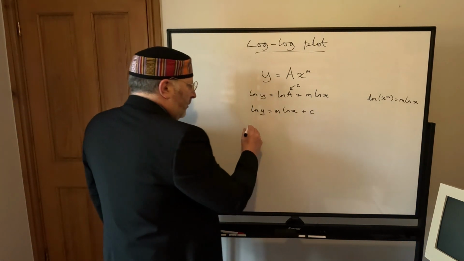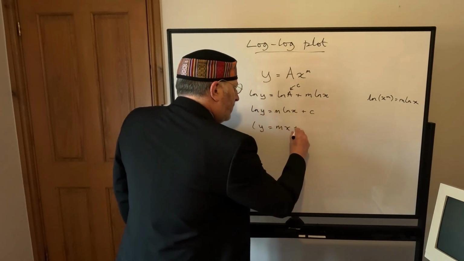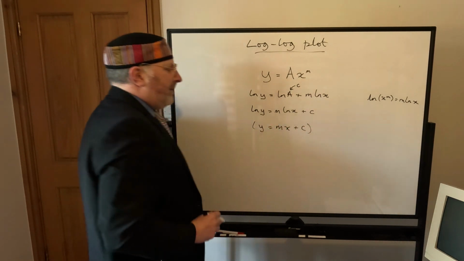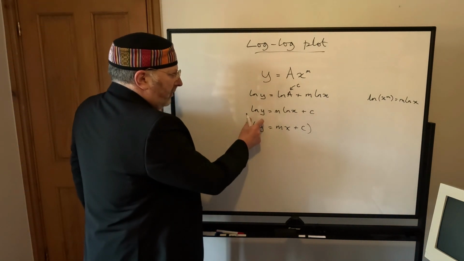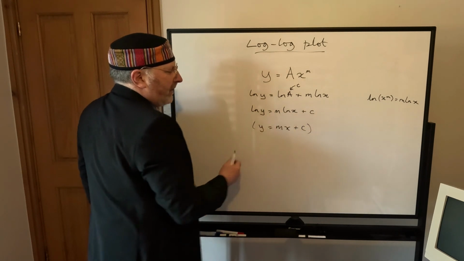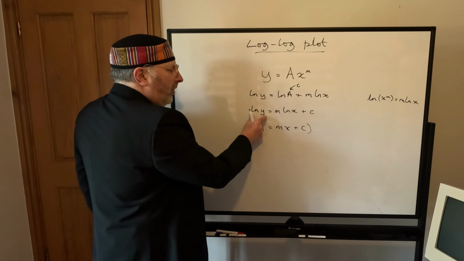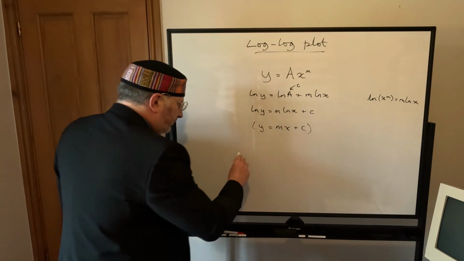And we can compare that with our classic equation for a straight line, y equals mx plus c. So what that tells us is that log y and log x are related by a straight line relationship. So if we plot log y against log x, we will get a straight line.